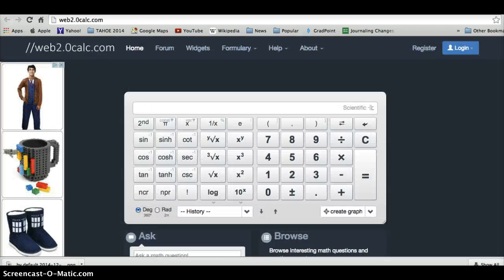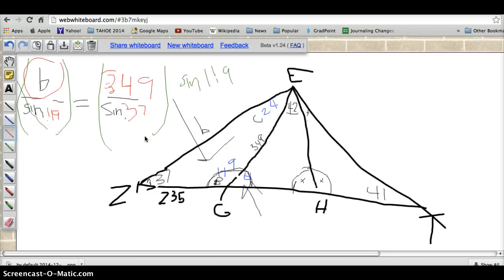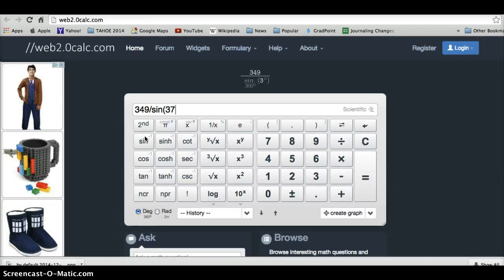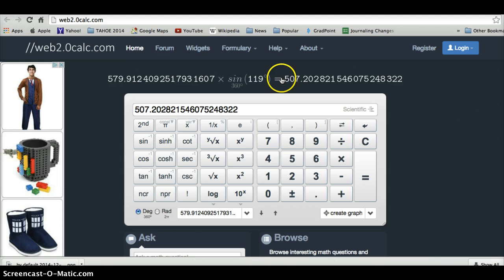So let's see. 349 divided by the sine of 37 equals, and then that is going to be multiplied by the sine of 119 equals 507.2 and so on.